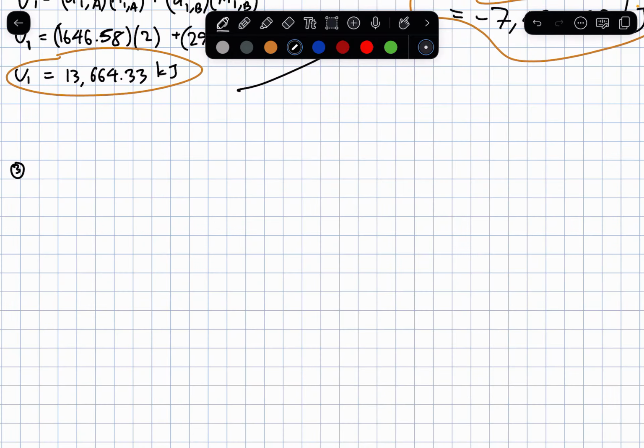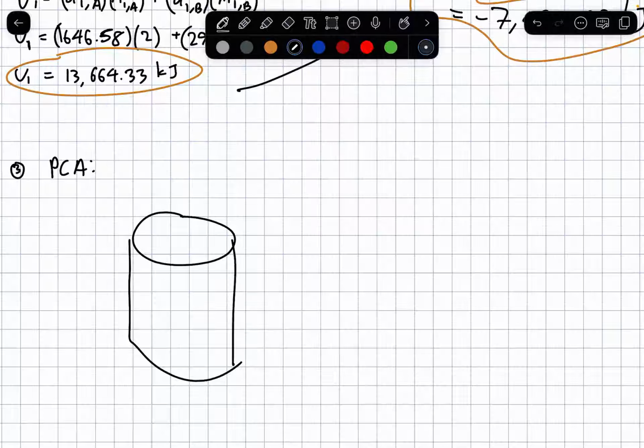So we have a constant pressure cylinder assembly that contains 0.2 kilograms water as saturated vapor at 400 kPa. How do we draw a piston cylinder assembly? I think this will suffice.